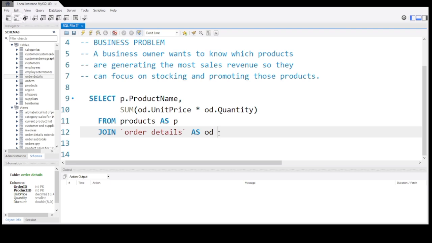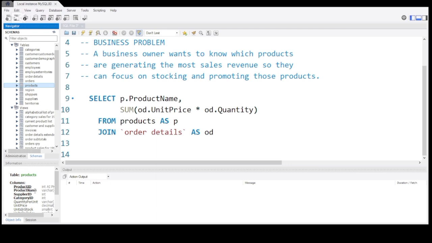Now let's join these two tables together. To join them, they must have something in common. Normally what you use to join them is the ID, which is the primary key, an integer. What we have here is product ID and order ID, and in the product table we have product ID too. So we're going to be joining them on product ID.